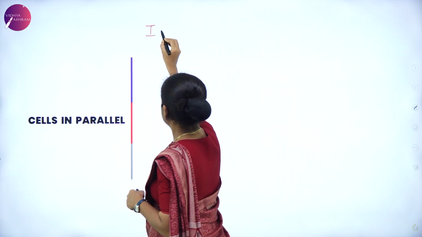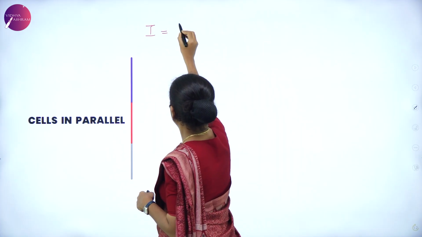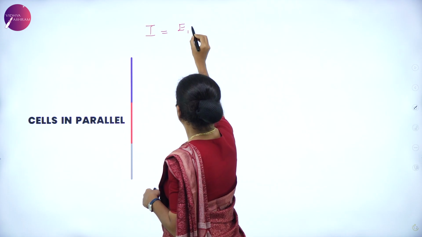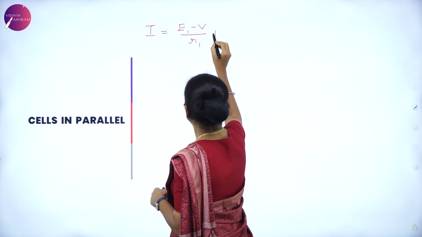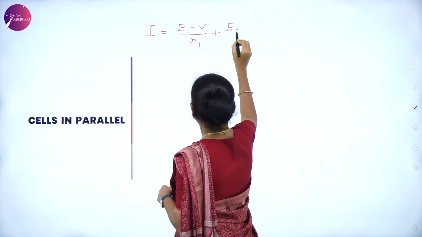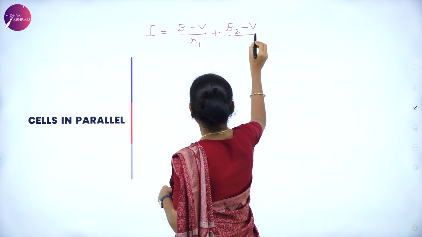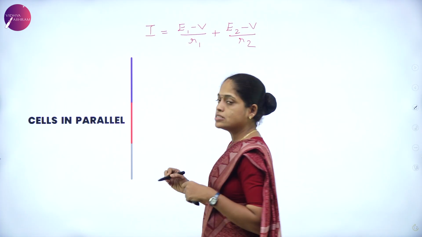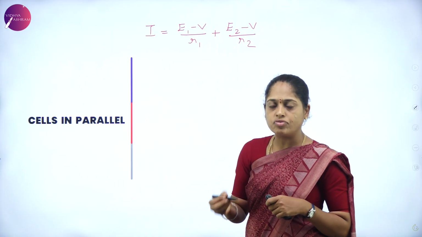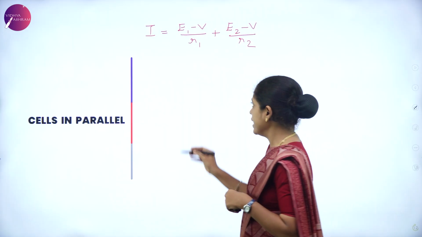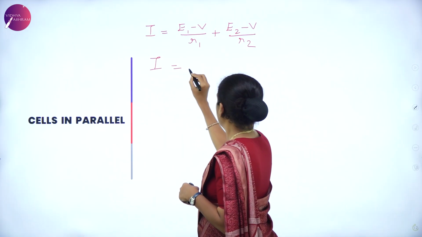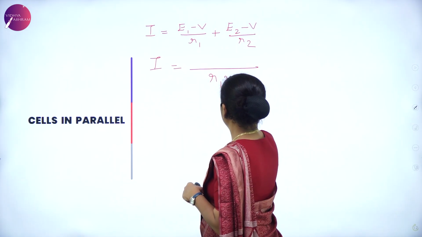What we have is I is equal to (E1 minus V) by R1 plus (E2 minus V) by R2 after substituting 2 and 3 in 1. Let us simplify this by taking LCM as R1 R2.